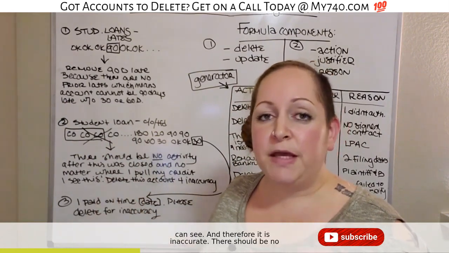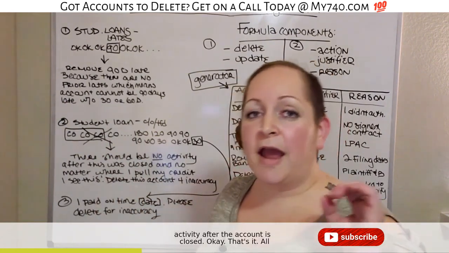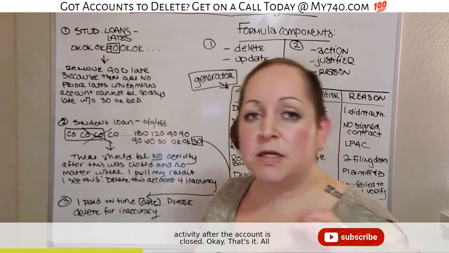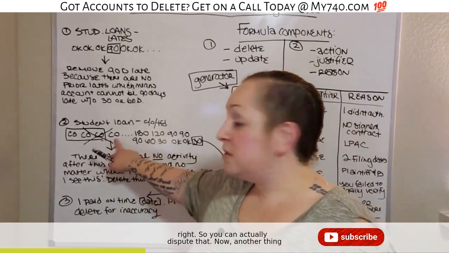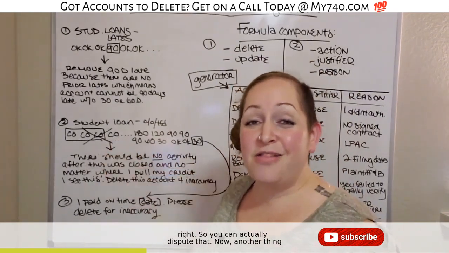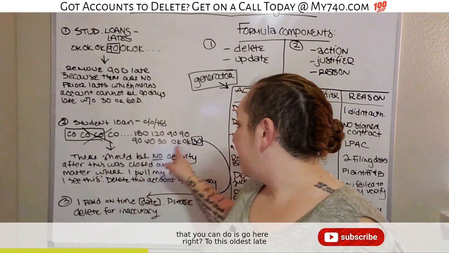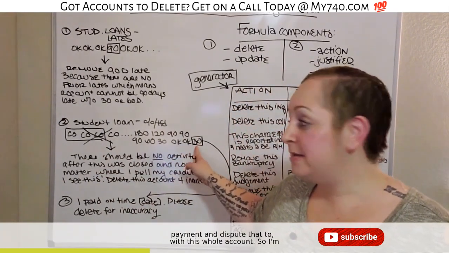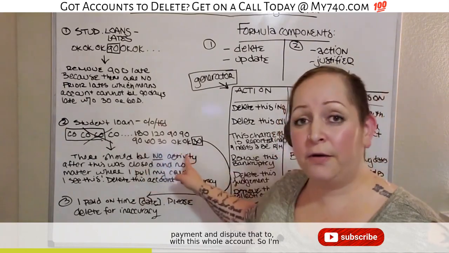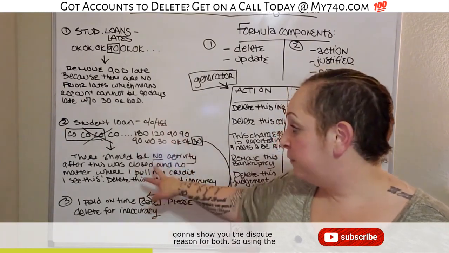There should be no activity after the account is closed, okay? That's it. All right, so you can actually dispute that. Now, another thing that you can do is go here, right, to this oldest late payment and dispute that to remove this whole account. So I'm going to show you the dispute reason for both.